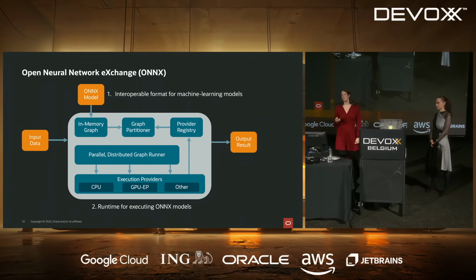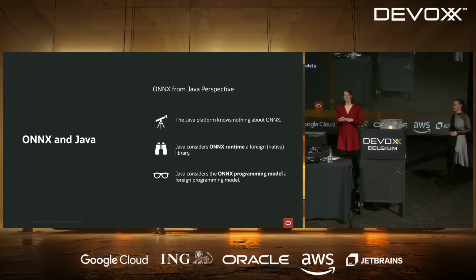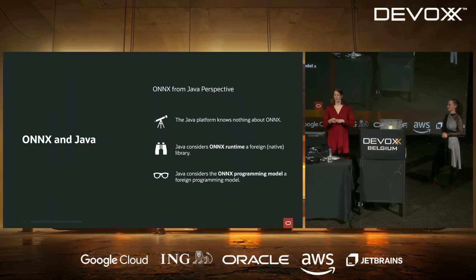So for the first demo, we're just going to try to use this runtime from Java. But what does Java know about ONNX? Actually, absolutely nothing. For Java, the ONNX runtime is a foreign native library, and that may already ring a bell.